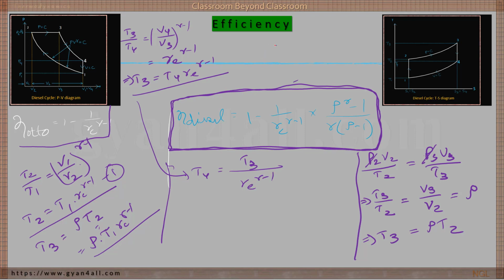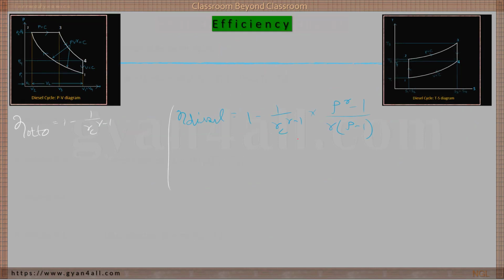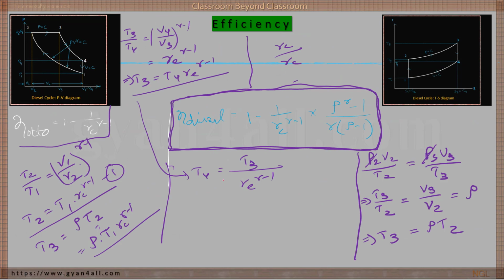A little while ago we found RC by RE is rho, so RE equal to RC divided by rho.